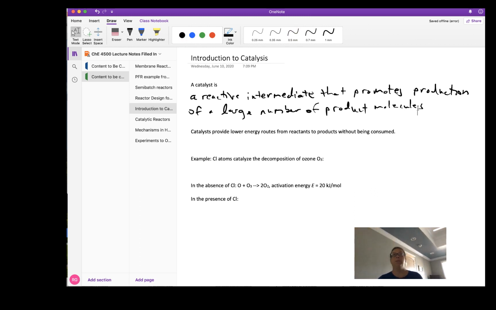So if you hear of something being catalytic, what that means is that thing is promoting the production of a large number of products. And catalysts can take on various forms.